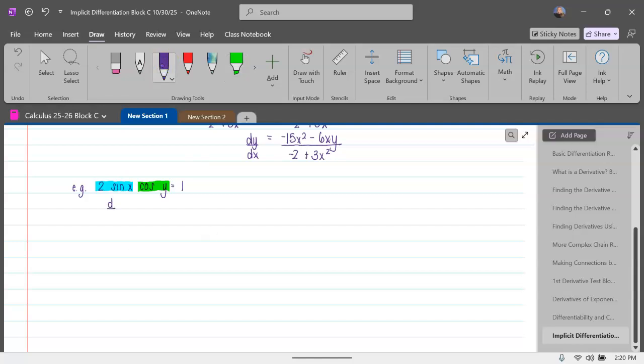All right. So the derivative of the first term times the second term plus the first term times the derivative of the second term. All right? And then we're going to take the derivative of 1. All right? So the derivative of 2 sine x is 2 cosine x. What's the derivative of cosine y?